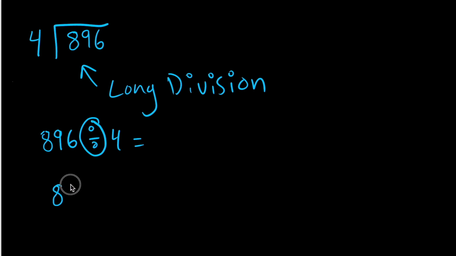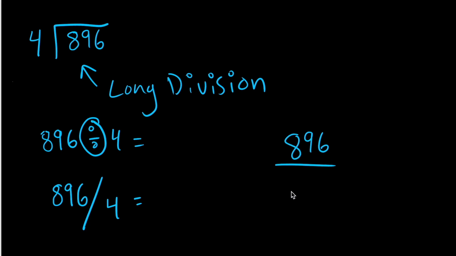It'll look something like this: 896, and then a slash like that, and then you got your 4. And then the last one will be the horizontal bar or the fraction bar. So you'll see it like this: 896 divided by 4 equals.